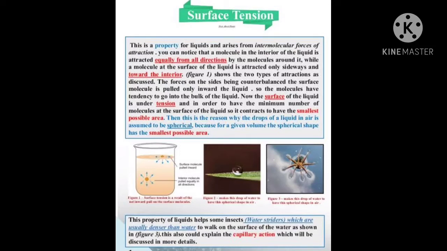Therefore, liquid molecules move in a narrow capillary tube into the upward direction against the gravitational force. So, this type of action is known as capillary action, and it is also due to the surface tension.